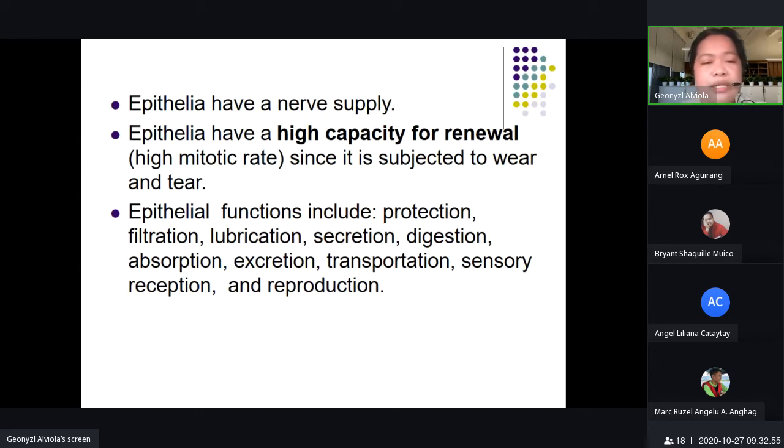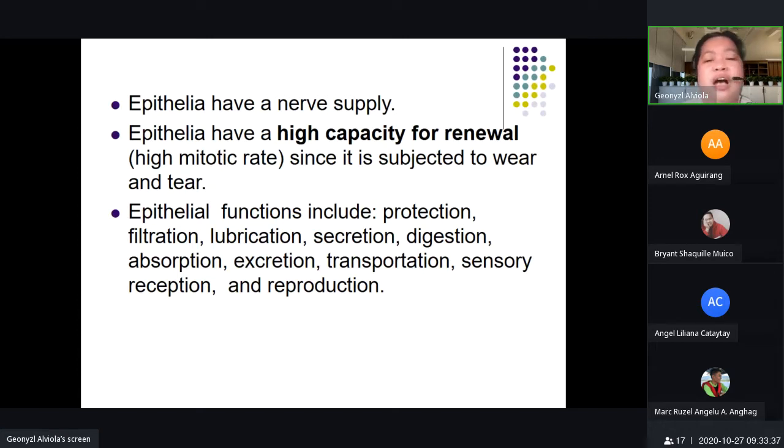Now, epithelial functions include protection, filtration, and lubrication. Lubrication, because in the skin layers, the epithelial glands secrete substances. Secretion is found in glands. Digestion and absorption occur in the gut. Excretion also occurs in glands, especially the sweat glands, and in the lining of the urinary bladder.